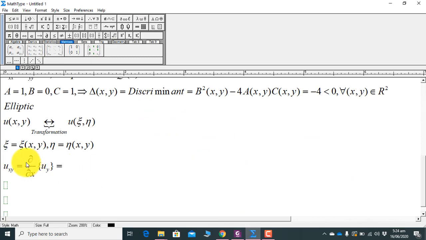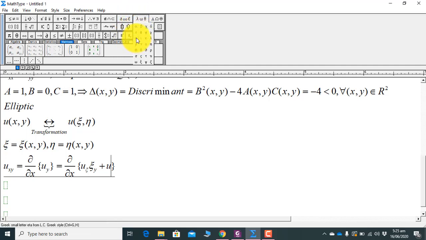So you should put that quantity, u_xi xi_y plus u_eta eta_y. Okay, so this was the chain rule for uy, and you have the partial derivative with respect to x as well.